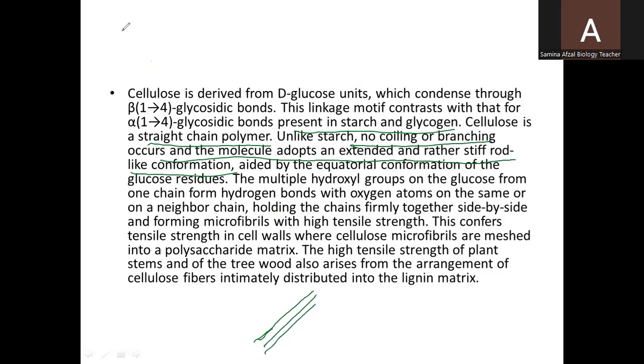There are numerous hydrogen bonds between the hydroxyl groups of adjacent chains. This extensive network of hydrogen bonds is what gives cellulose its high tensile strength. A crisscross arrangement is formed, and so it gives tensile strength and makes it an insoluble and rigid fiber.